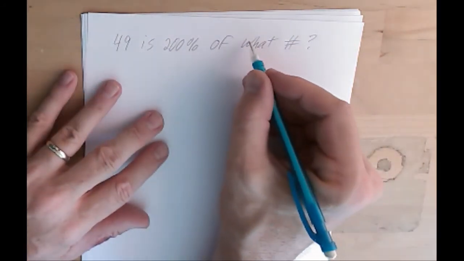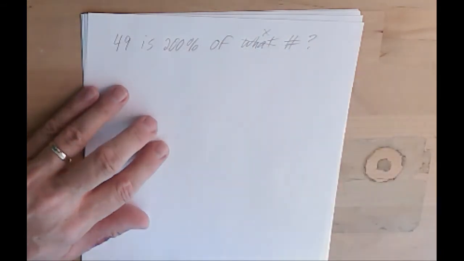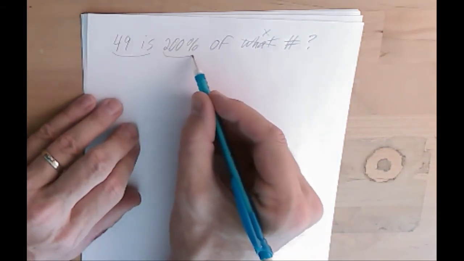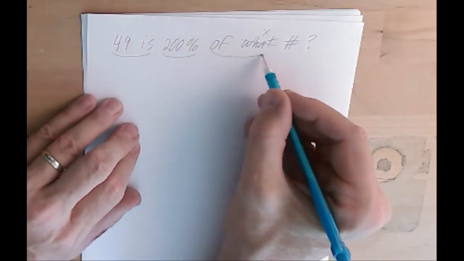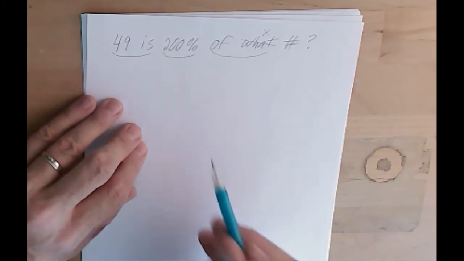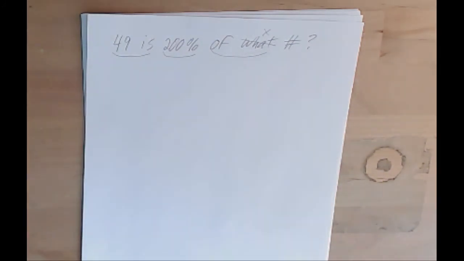Okay, so the what is the x. This is a pair, and this is a pair. That was easy. What fraction do I write? What equation do I write?